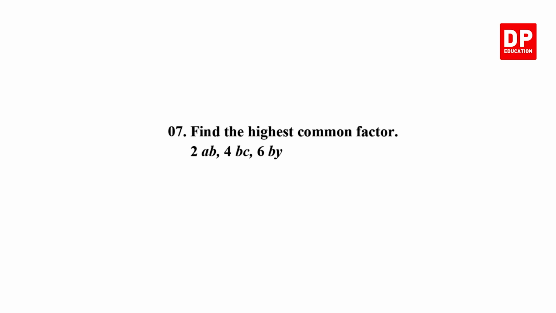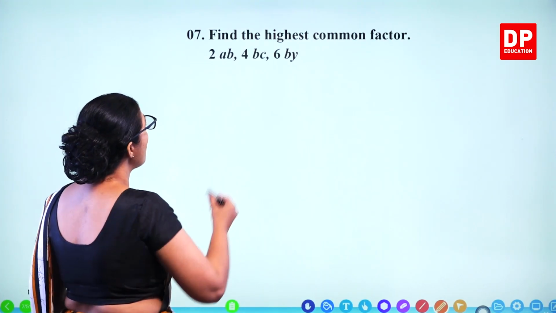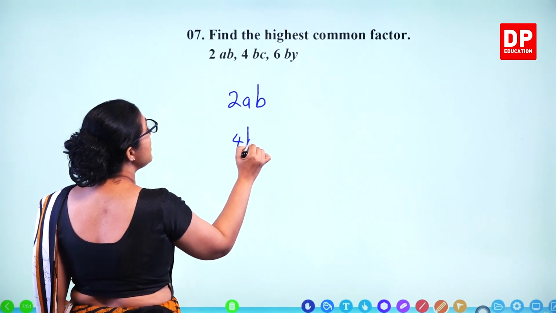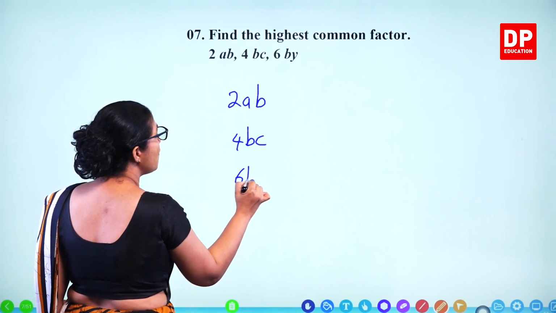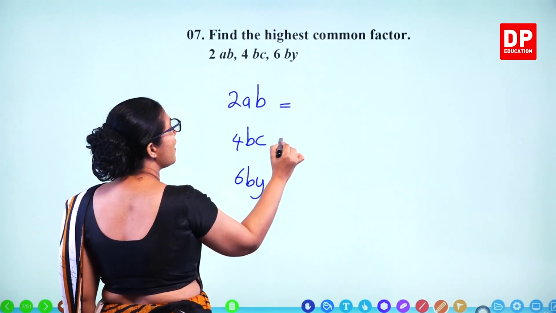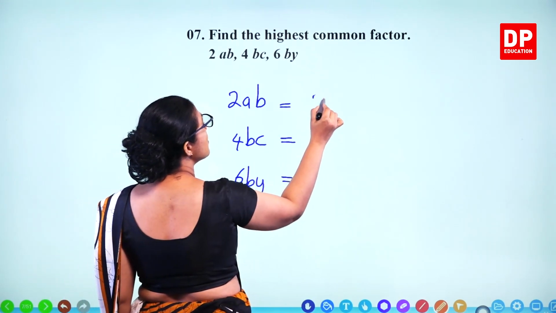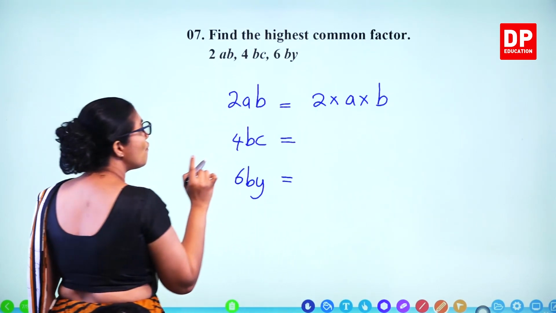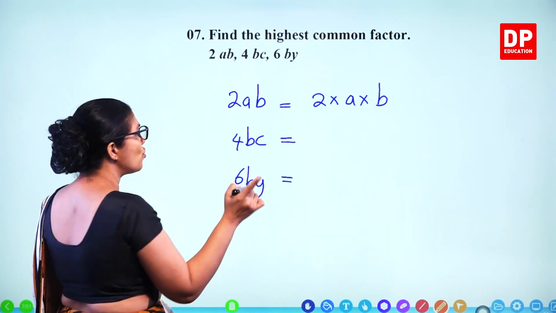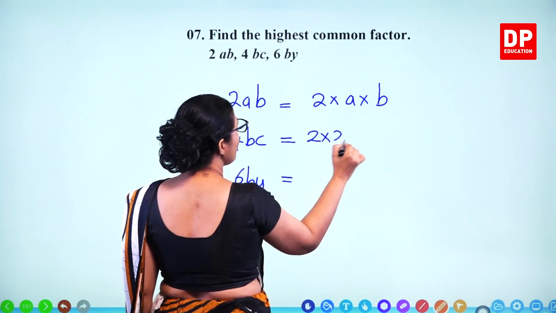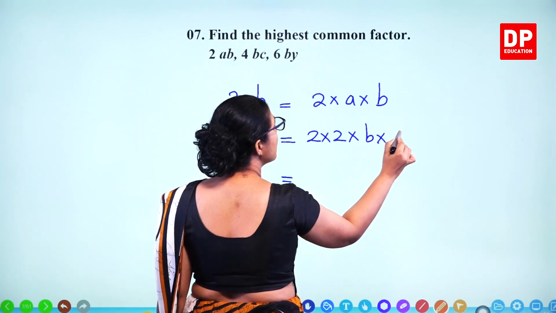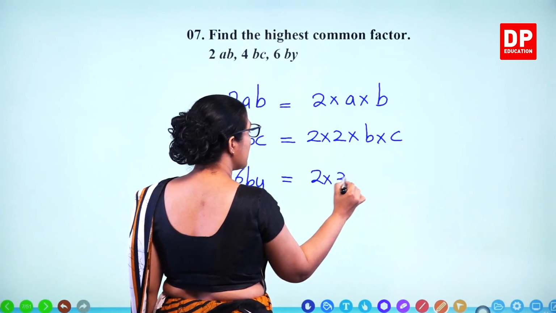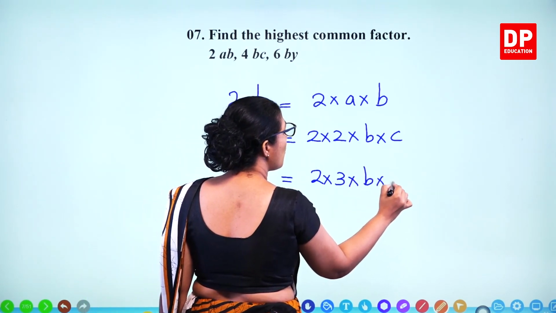Question number 7. Find the highest common factor of 2ab, 4bc, and 6by. So you can write down the prime factors. 2 times a times b, that's 2ab. 4, you can write 2 times 2, and then b and c. 6by, you can write 2 times 3 times b times y.